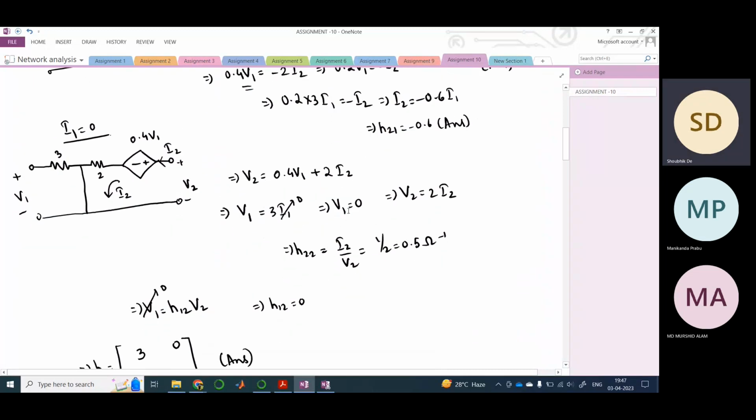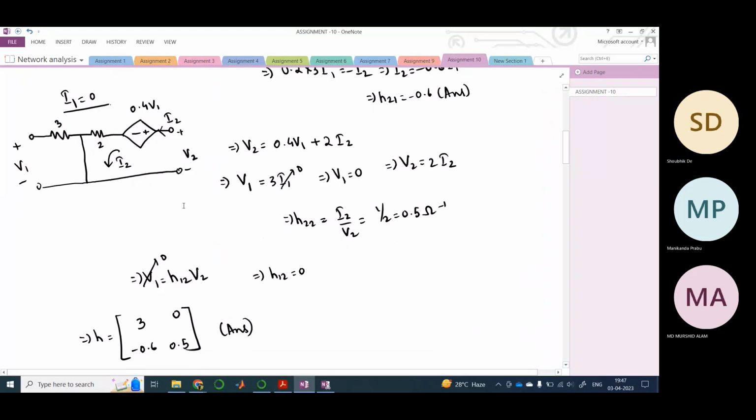I mean, why V1 is coming as 0, I hope this is clear. If you have any doubt, please do ask, because this is an interesting problem. Because the moment you ground this, things change, right? Because if there would have been a resistor, then the analysis would have been much simpler. I mean, in a sense, you don't have to think. It would have been simple. You apply KVL here, you apply KVL here. So if you have any doubt, you can ask.